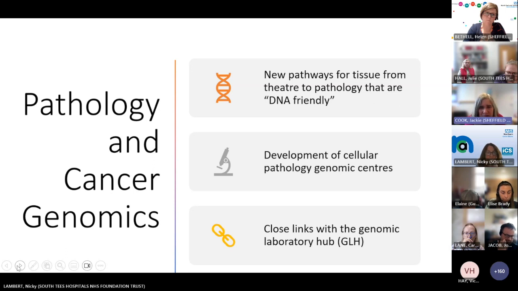The pathology labs themselves are having to think about new ways of dealing with cancer as it comes in and developing pathways within the pathology labs. And to aid with that, NHS England are developing specialist pathology centres, which they're calling cellular pathology genomic centres. And there's going to be one of these for each cancer alliance.